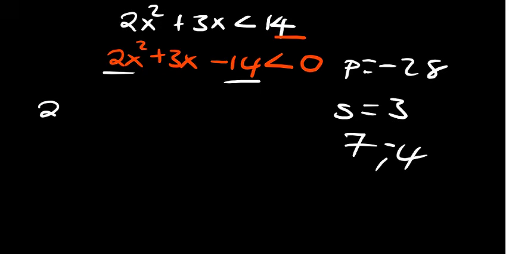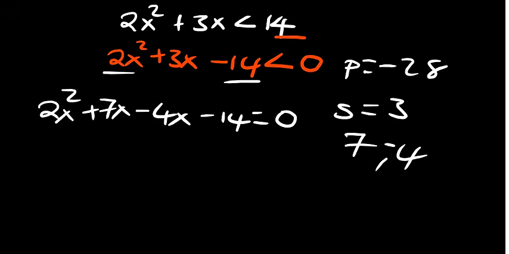So we have 2x squared plus 3x. So where there's 3x, we are going to substitute the factors. So we have 7x minus 4x minus 14. So we're trying to find the critical values where it's going to be equivalent to 0. So there we have x as our common factor. So we have x plus 7, then there the factor is minus 2.